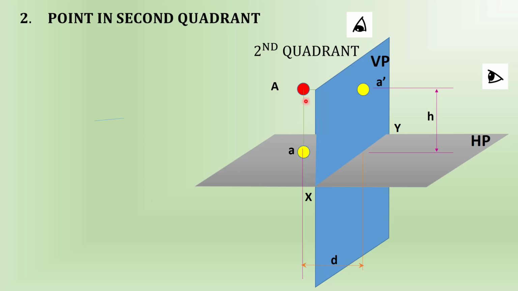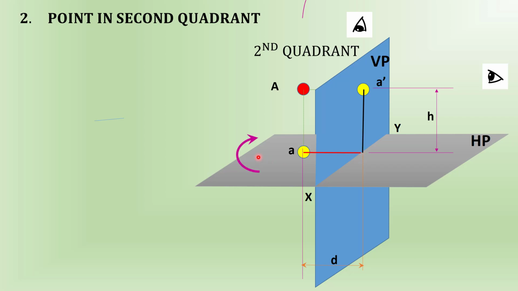Before that, see, I have marked the imaginary projectors here. When you look from the front, this line appears to be lying on the vertical plane. So this distance will be small h, and this shows the image of the horizontal projector, whose distance will be small d from the reference line.